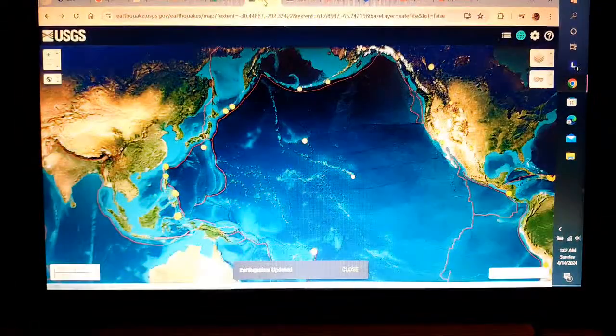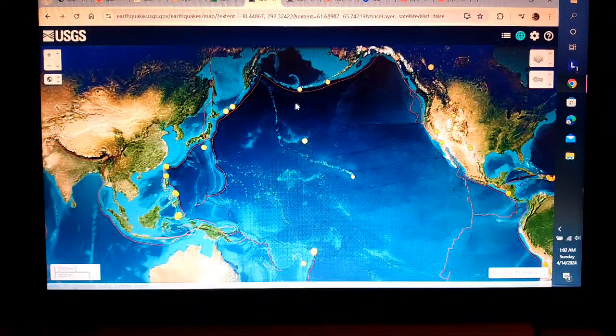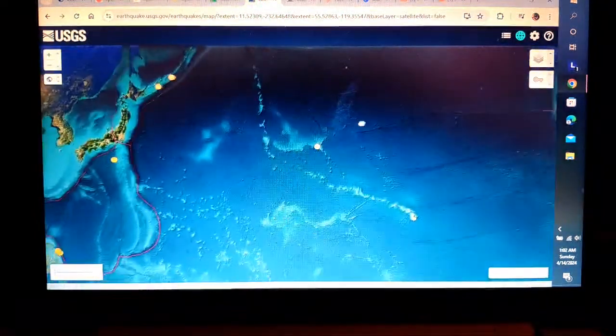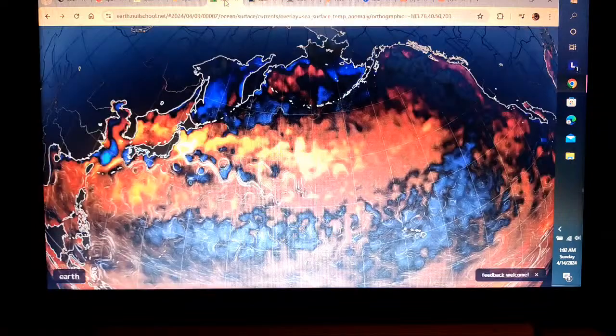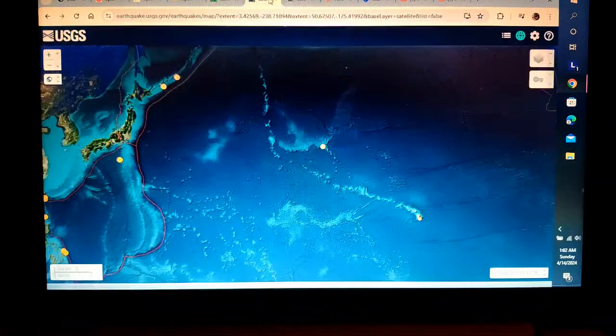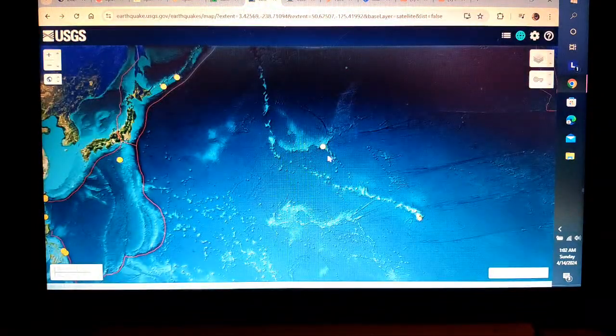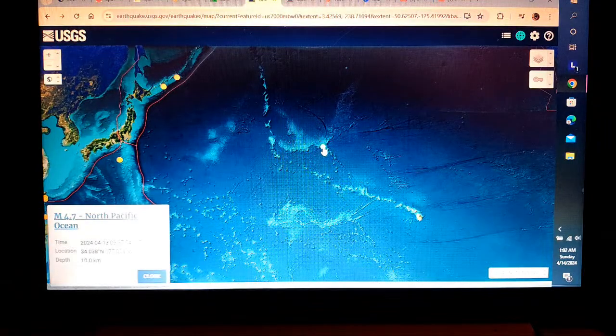Now we're coming over to the earthquake report. Wait a second. Yeah, we just had an earthquake at Tamu Massif. 4.7 at a depth of 10.